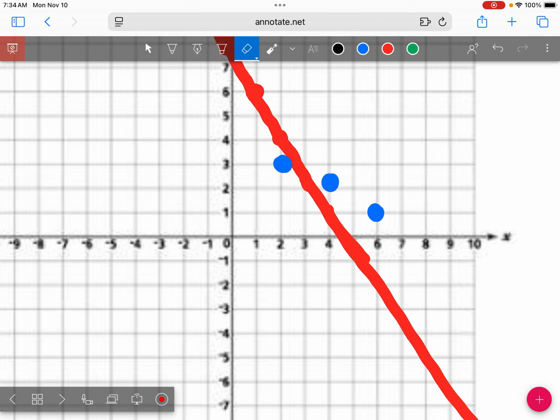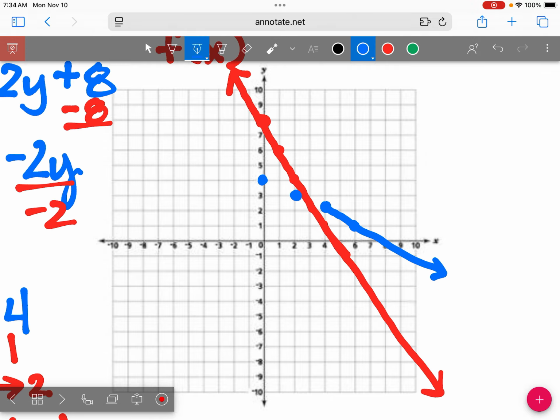This point is kind of big. Okay. My line looks funny. No, that's right. It just looks weird. Okay. And then you just connect it out.